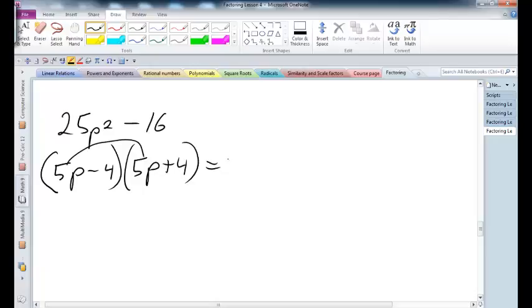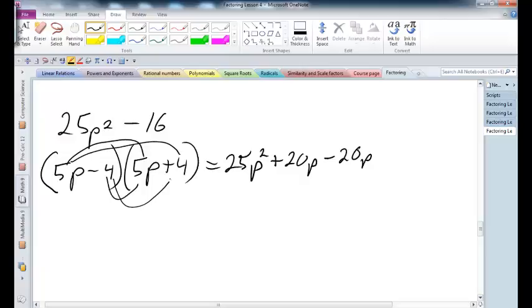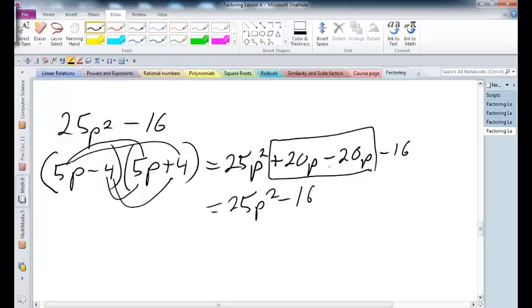We get 25p squared plus 20p minus 20p minus 16. These two terms equal 0, so we're left with 25p squared minus 16. And we know we've done it right.